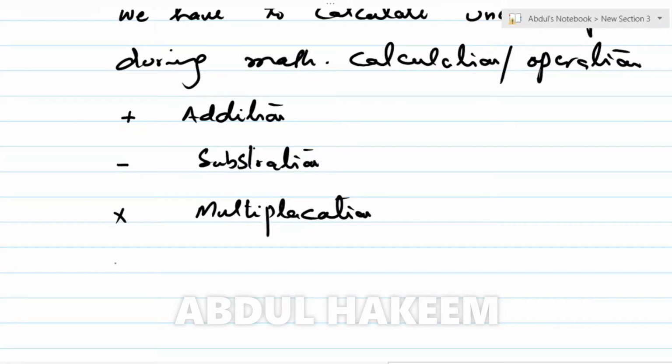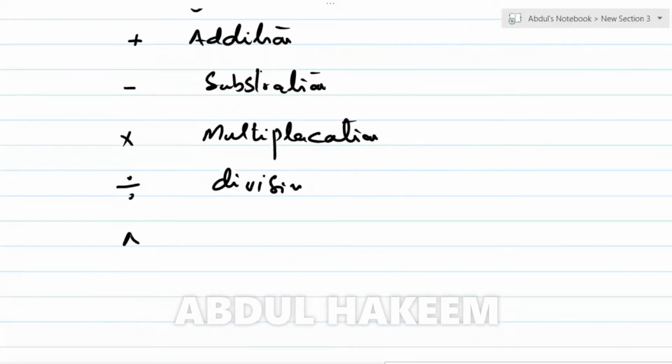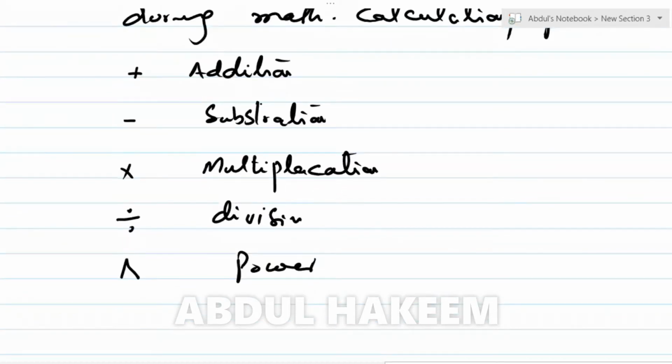Number four is the division. And number five is the index or the power. So these are the simple mathematical operations: addition, subtraction, multiplication, division, power means square, under root, cube, like this, okay?